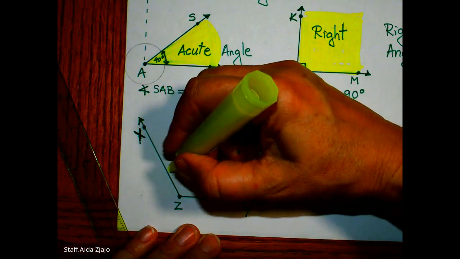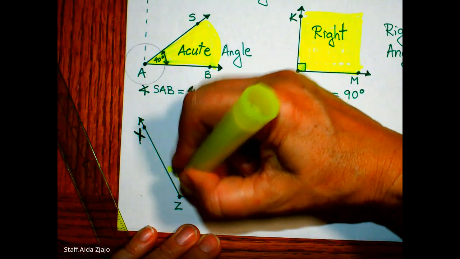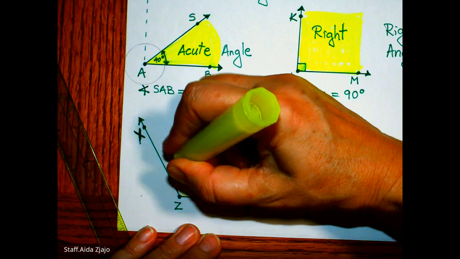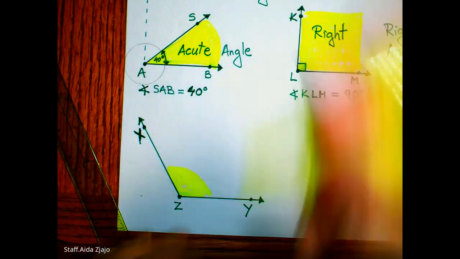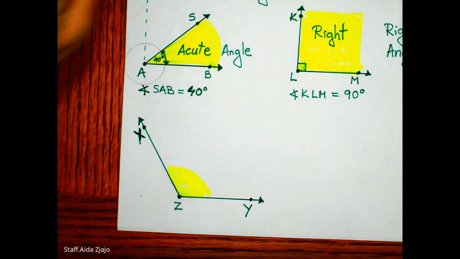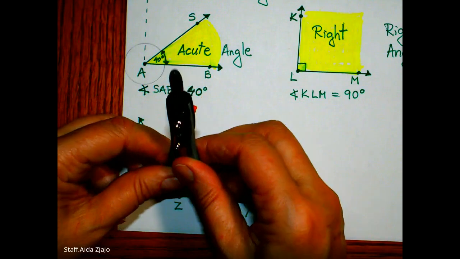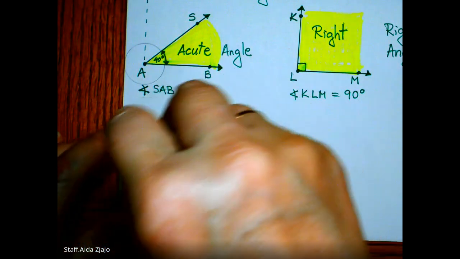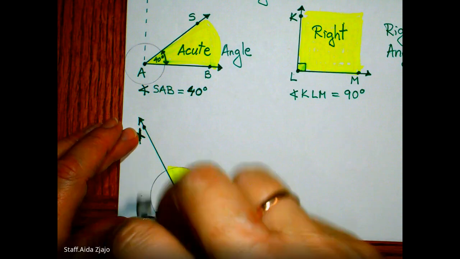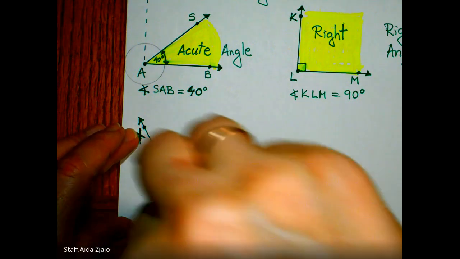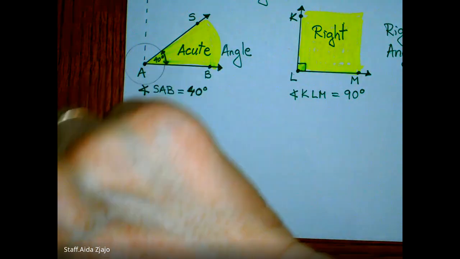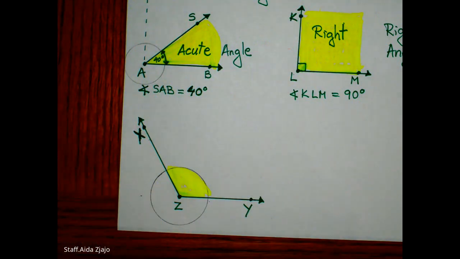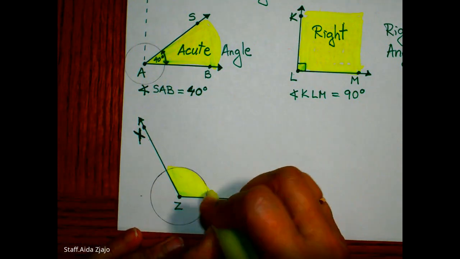I can also show you how we can label. We label with an arc that I can make even with my compass if I want to, making a circle around, so you can see why this is an obtuse angle, because it has a bigger part of the whole circle.